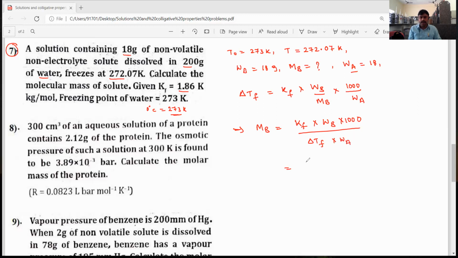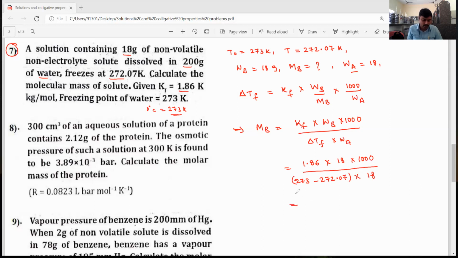Kf value is 1.86, into weight of the non-volatile, non-ionized solute, 18 grams, into 1000, divided by delta TF, which is the difference in the freezing point temperature of solvent and solution, that is 273 minus 272.07, into 200.